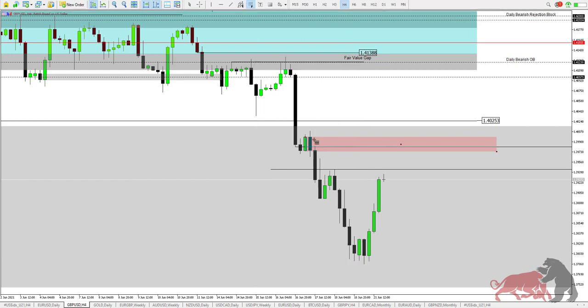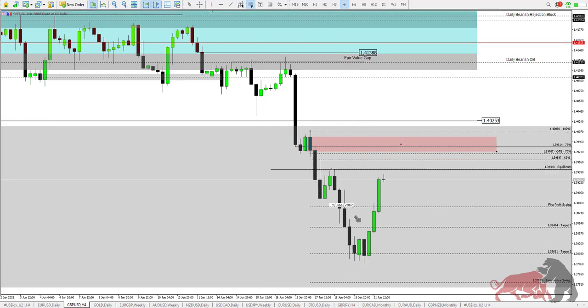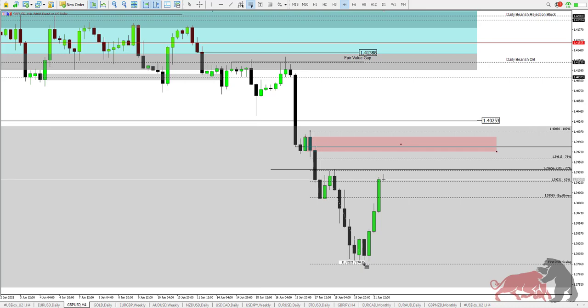If I place my fib retracements there, low to high, you can see where my equilibrium starts. Right now we've already blasted through the 50% mean threshold, and we've got this bearish order block here. You see how price is now meandering there, like it's losing momentum. If we go to H1, you see how price has lost momentum.